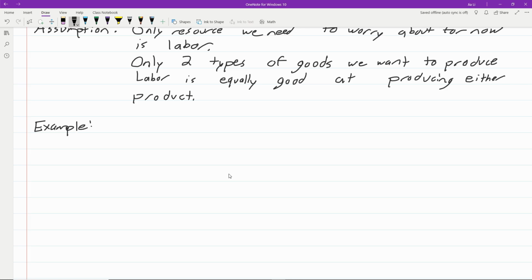Okay, so in this example, there are only two goods, which are smartphone apps and wheat. Again, the only resource we need to be worried about is labor.